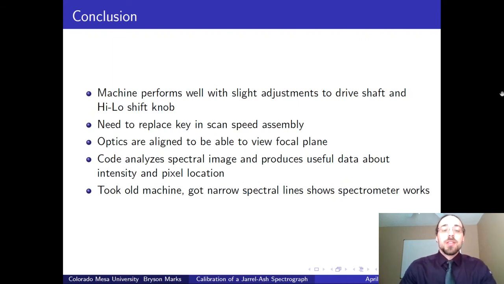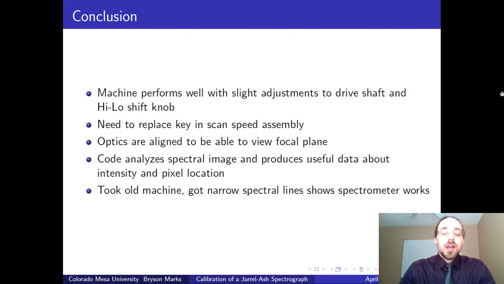So we know that the machine performs well with slight adjustments to the drive shaft and the high-low shift knob. We also know that in recent events the key that lies within the drive shaft keyway has stopped working properly, so that needs to be replaced. But we also know that the optics are aligned and we are able to view the focal plane that contains the circle of least confusion, so that's great.